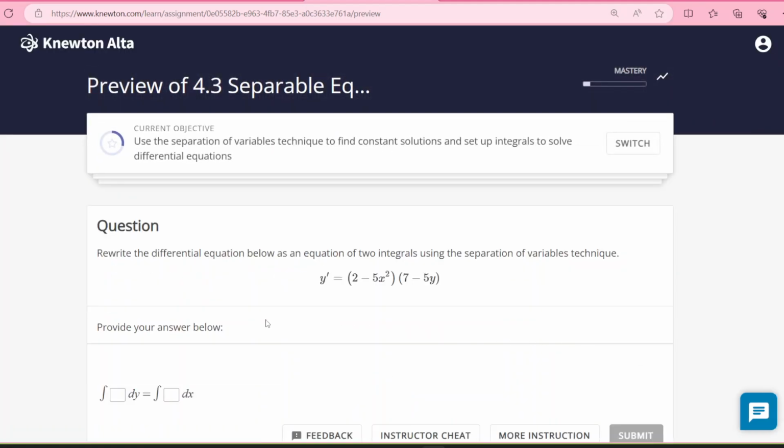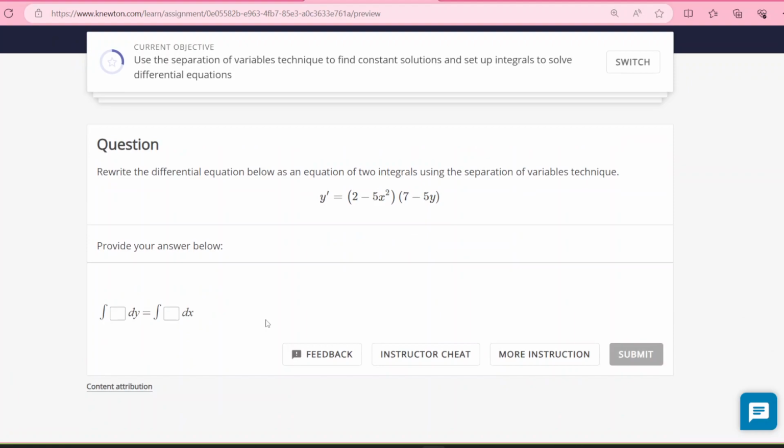All right, so once again, we saw an example like this as well earlier. I'm just asked to enter the integrands. I don't need to write this out. You see how this is already set up to where you can tell right away that it's separable. You have y prime equals some function of x times some function of y.